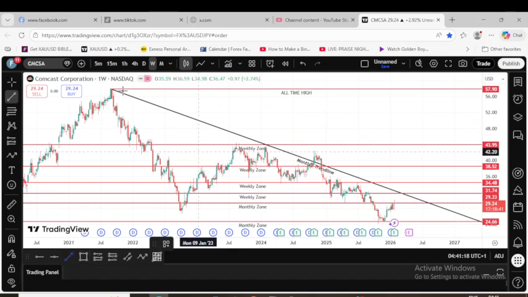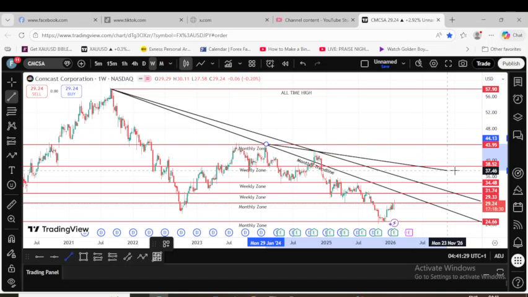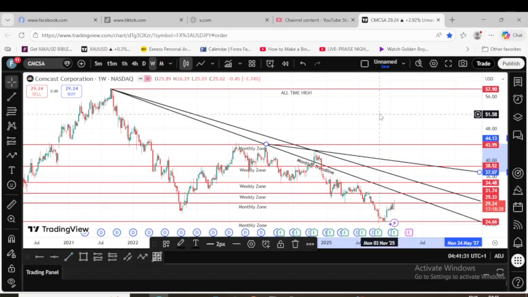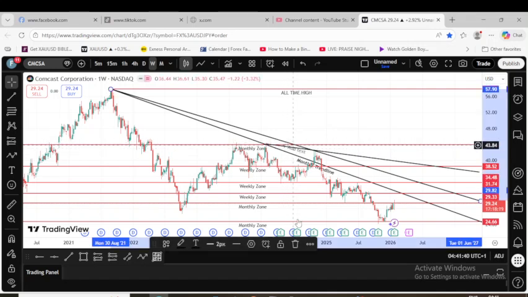We can draw a trend line from here across like this, or we can draw a trend line from here across like this. Let's delete this one.